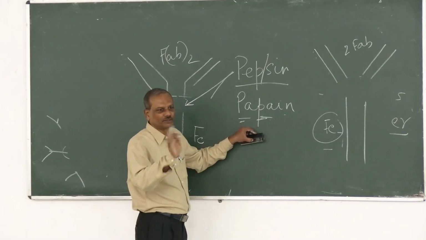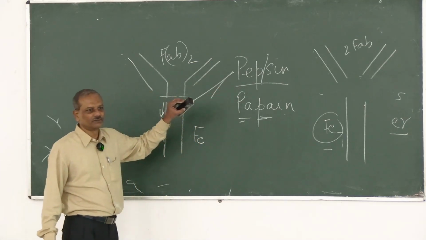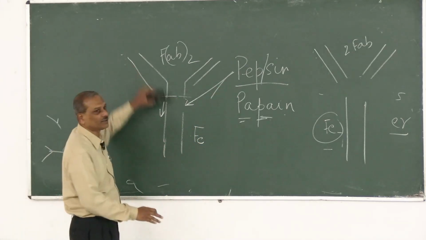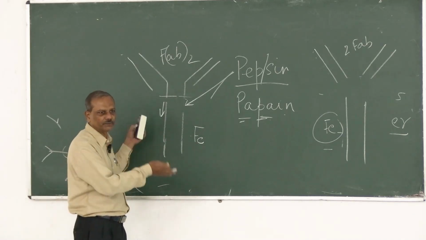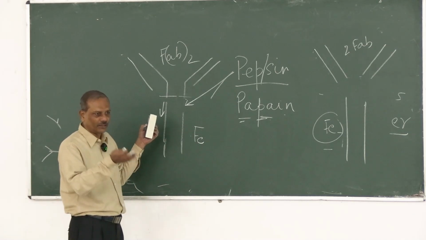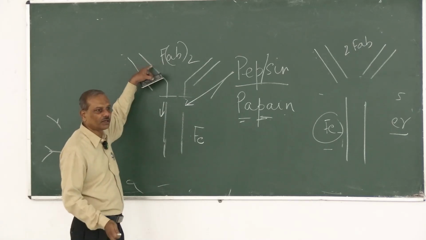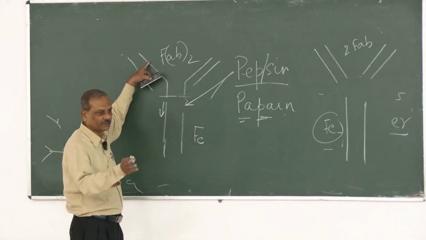Papain will give two same fragments. Why is it important? Why should I know this thing? Because if we inject the whole antibody to anyone, because most of the experiments are done in animal experiments. Suppose we know that this part binds with the antigen.